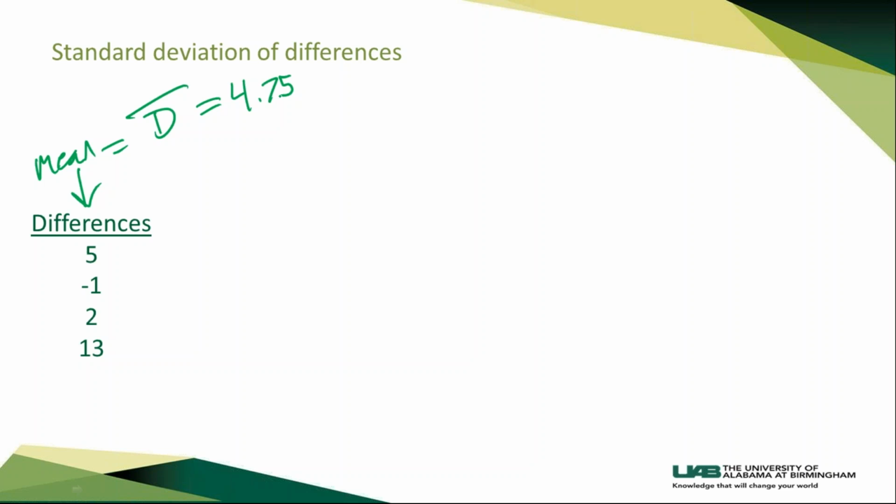So now we need to get the standard deviation of these differences. Just like you did with variance and then subsequently standard deviation, it's the same process. Just instead of x minus x bar, we're doing d minus d bar. So my differences subtracting the mean difference.